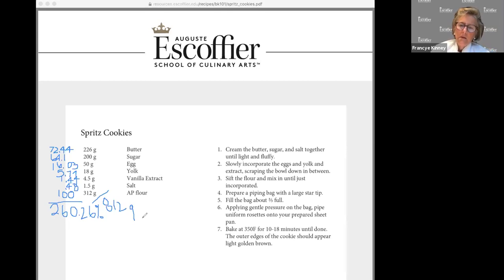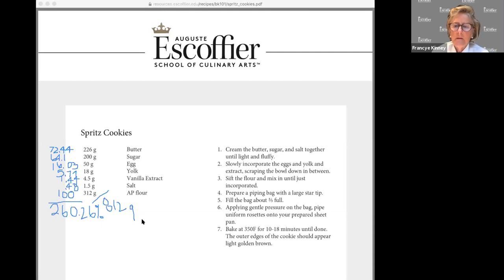I think I got about 3 dozen out of one bag. I just divided 812 by 24, thinking maybe 2 dozen, which gives about 33.8 or 34 grams a cookie, but you said you got about 3 dozen? Is that what everybody else got as well?